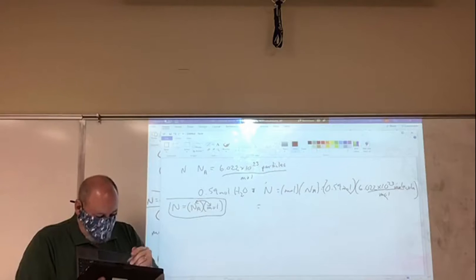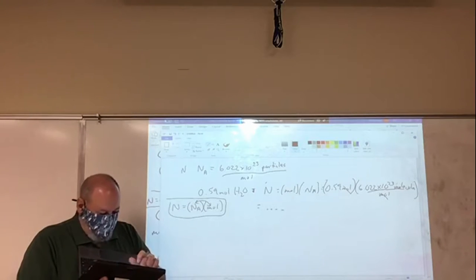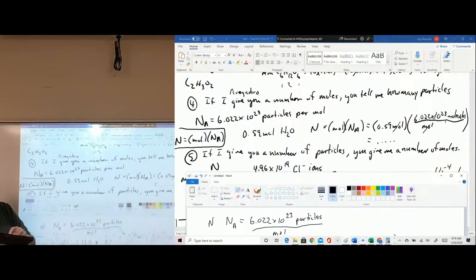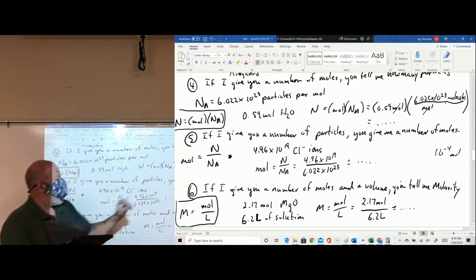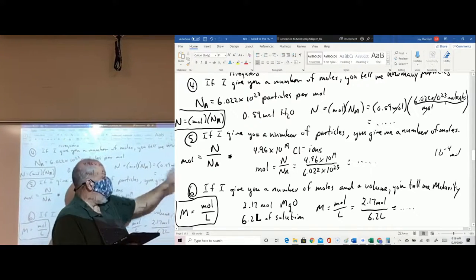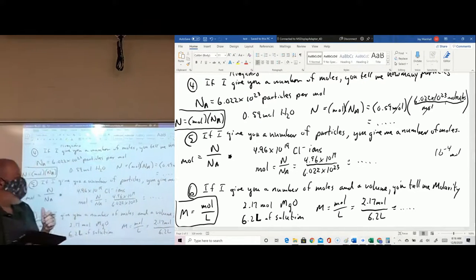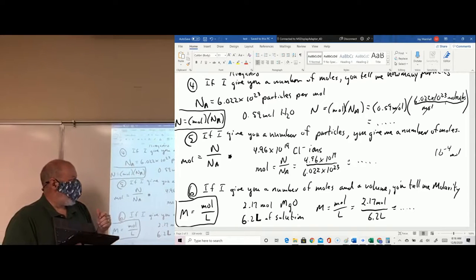I don't think we went ahead and calculated that. You could do that on your own, but that's going to give you a certain number. However many particles that is, I want you to be able to calculate a number of particles for me.